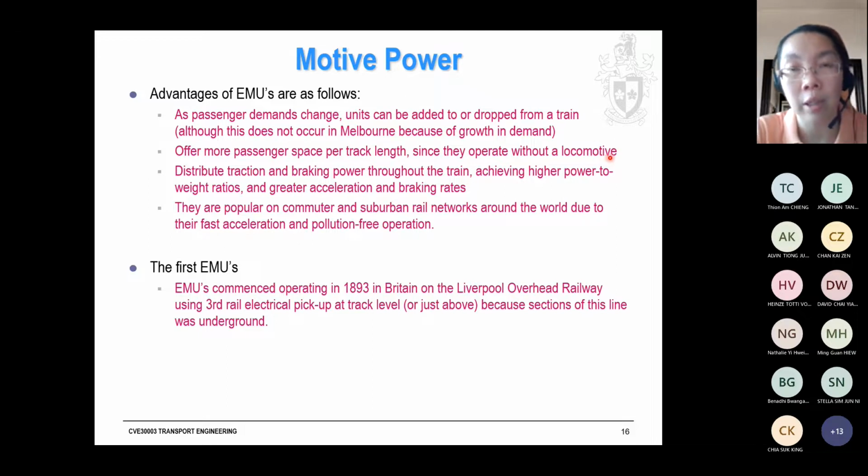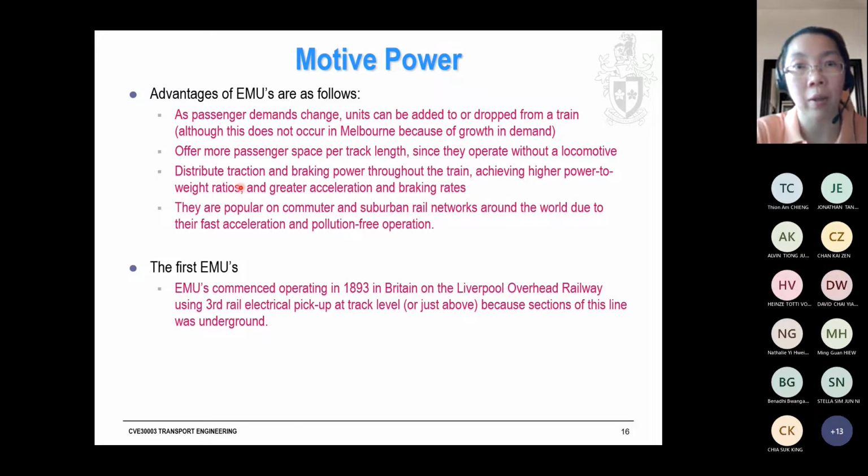So you don't actually need a locomotive. The locomotive doesn't take up space. It will distribute traction and braking power throughout the train, achieving higher power to weight ratios and greater acceleration and braking rates. Because each unit has its own power to move, the whole train has power to move.